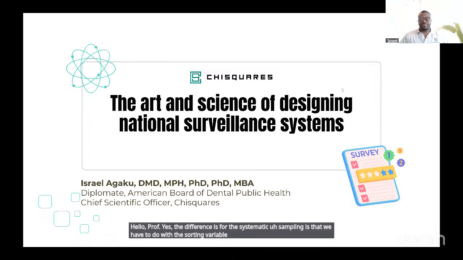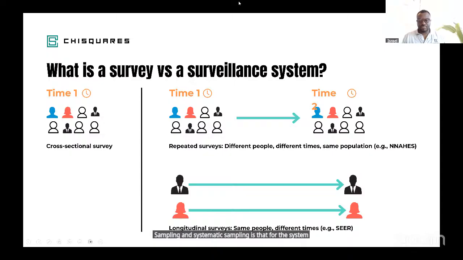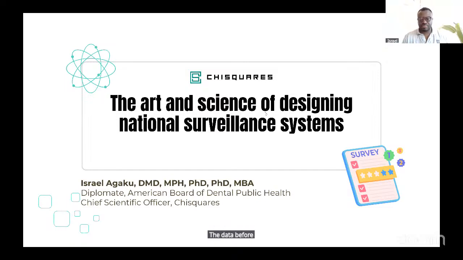All these are probabilistic sampling techniques, but for systematic sampling, we need a variable through which we're going to sort all the data before we go through analysis. The sorting variable is the key for systematic sampling.